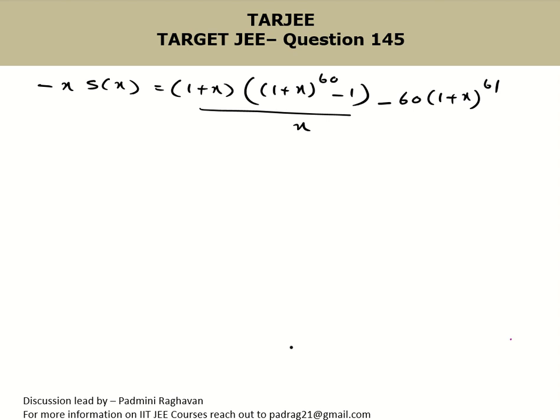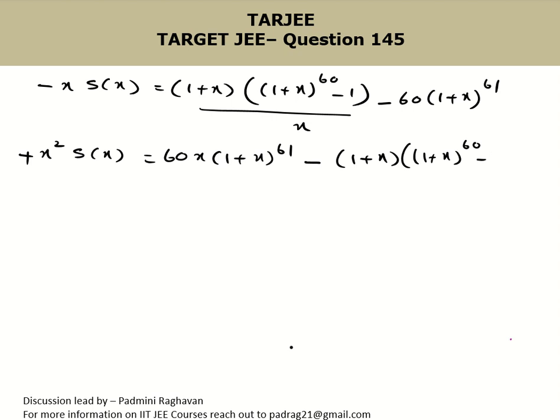Let's multiply everywhere with x. In fact, we can multiply with minus x. So x square times s of x. When you multiply with minus x, this term will become positive. So let me put it first: 60 times x into (1 plus x) whole power 61, and this term will become minus (1 plus x) multiplied with ((1 plus x) whole power 60 minus 1).